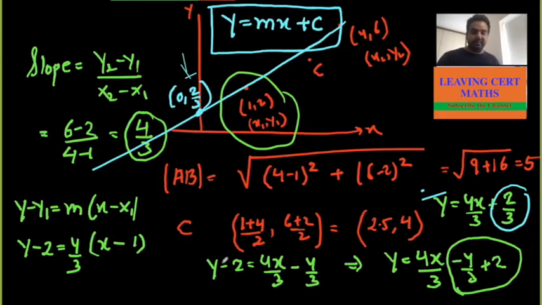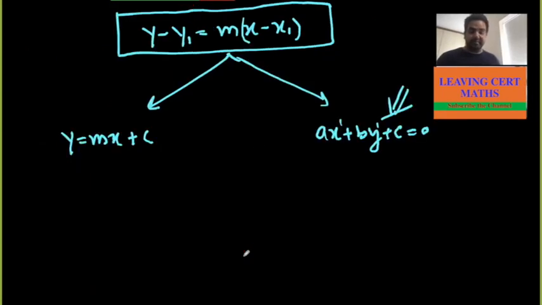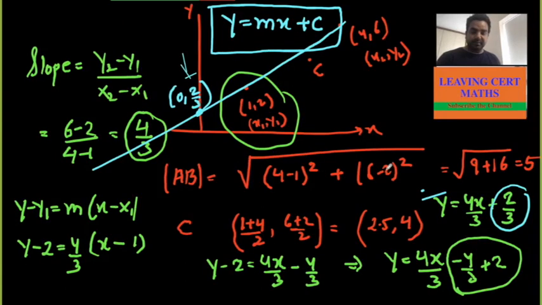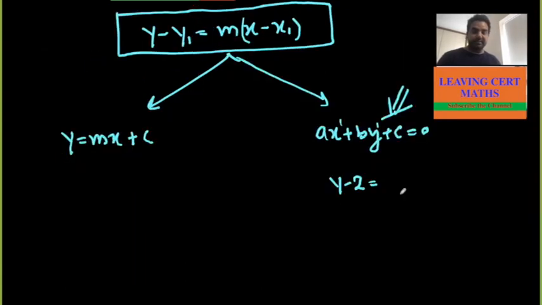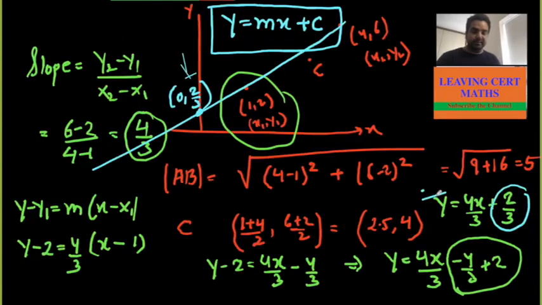What we got from here, I can rearrange. Let me write this equation. y minus 2 is equal to 4x over 3 minus 4 over 3. This was the equation.